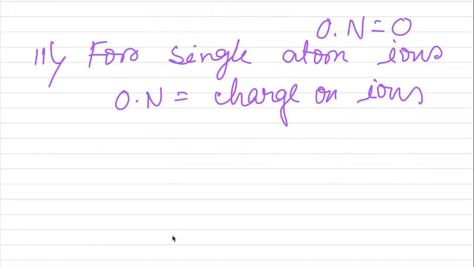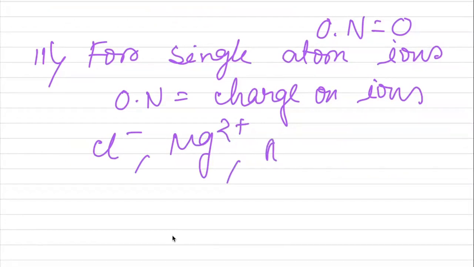Okay, sorry. So for single atom ions, oxidation number is equal to charge on ions. Like Cl minus, its oxidation number will be -1. For magnesium 2 plus, its oxidation number will be +2.